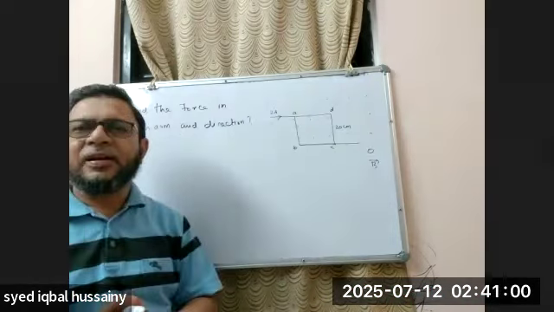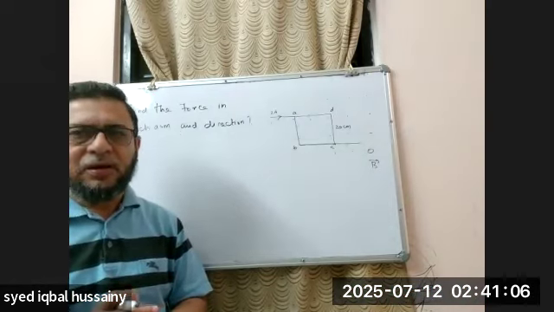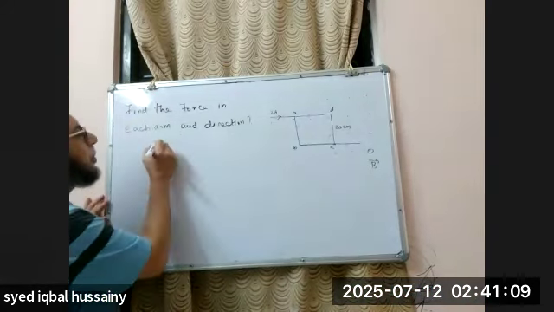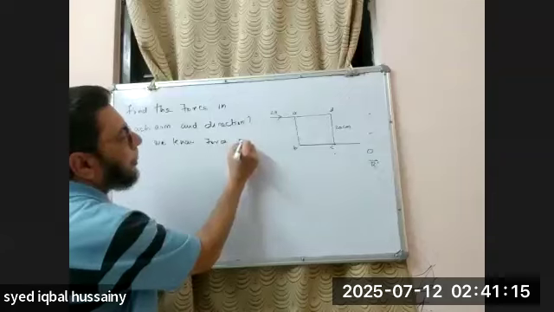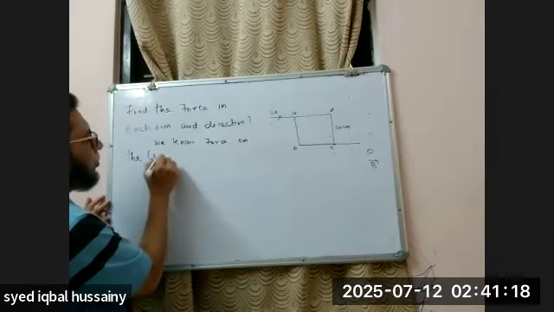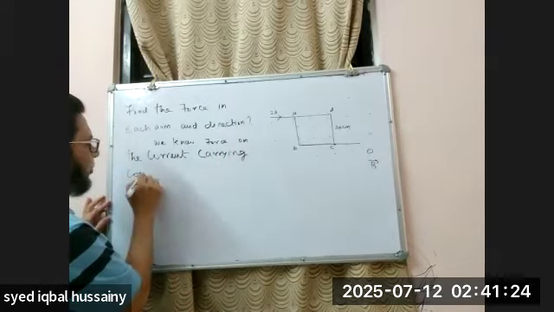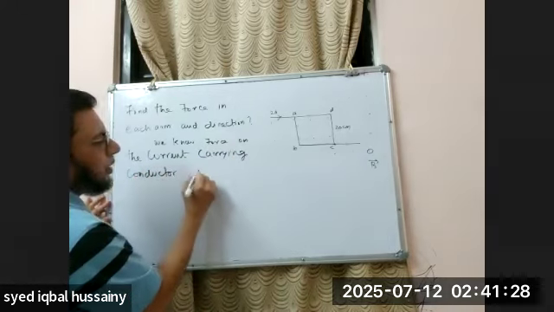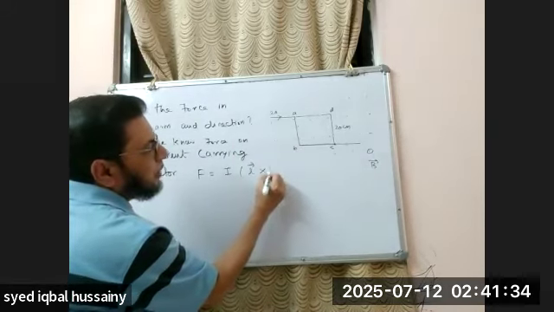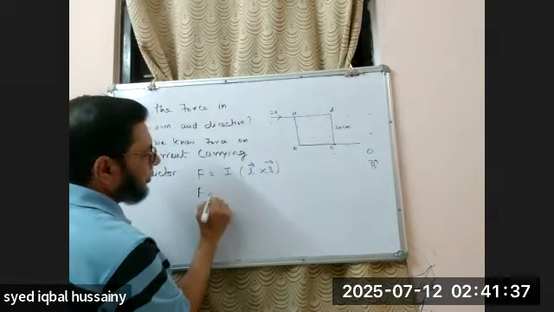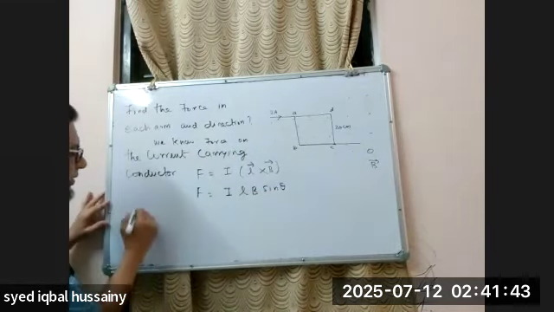We know the force on a current carrying conductor formula, F equal to, I told you very clearly, I L cross B or ILB sin theta.